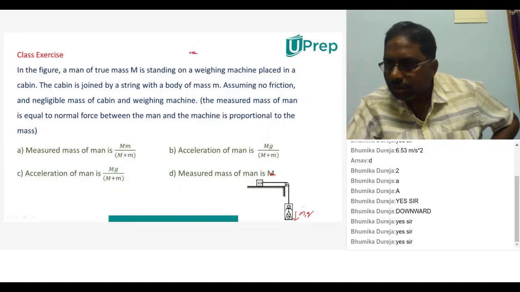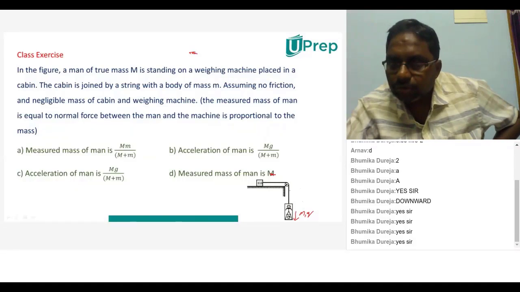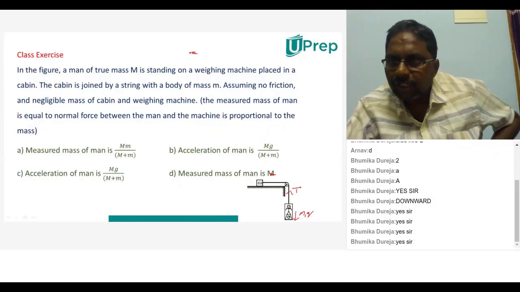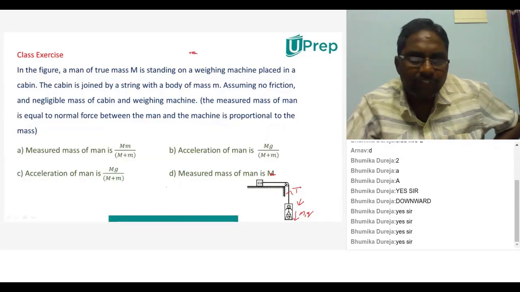Yes, tension will act upward. Weighing machine mass and cabin mass are negligible, so the resultant force is acting in the downward direction. So what equation can I write first?